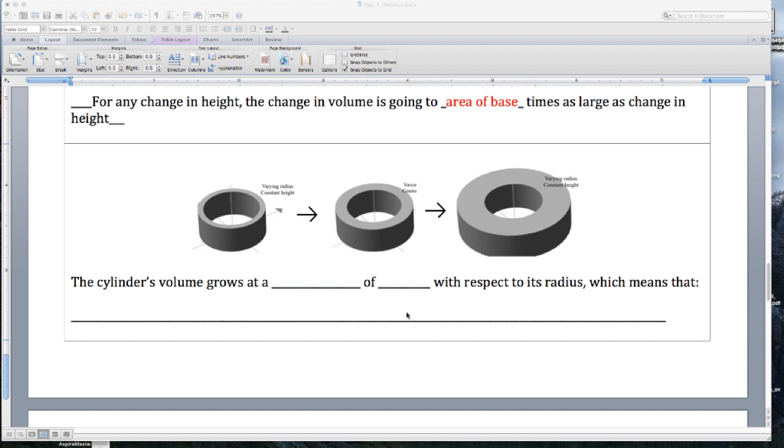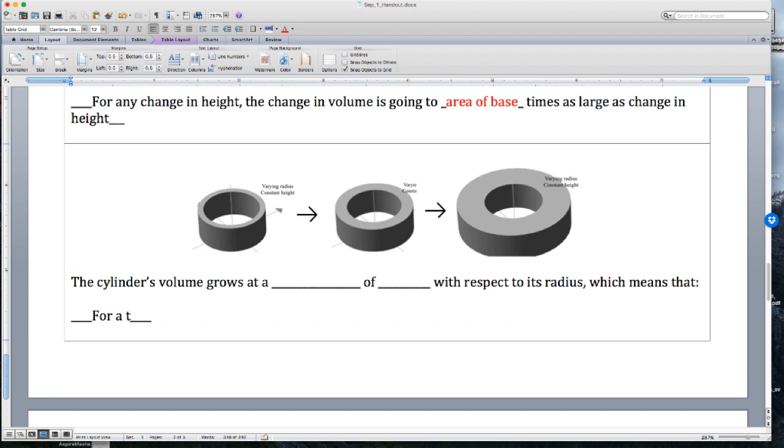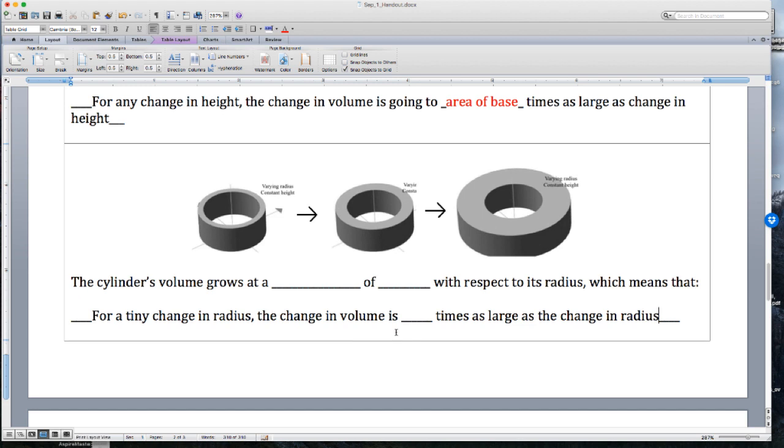Questions about that one? Okay, so now, how could I fill in this statement that says, for a tiny change in radius, the change in volume is blank times as large as the change in radius. What would I fill in there that is true?